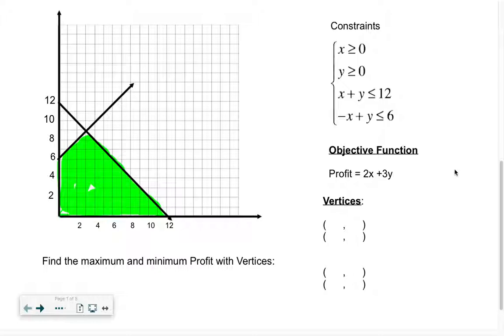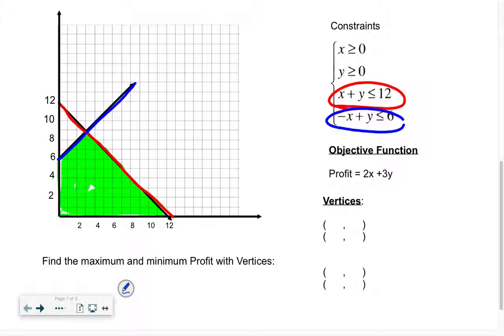So I have, we'll use red, this line right here, that represents x plus y is less than or equal to 12. And then I have negative x plus y is less than or equal to 6, which is liquid blue. This line, I already graphed for you, which is super nice.